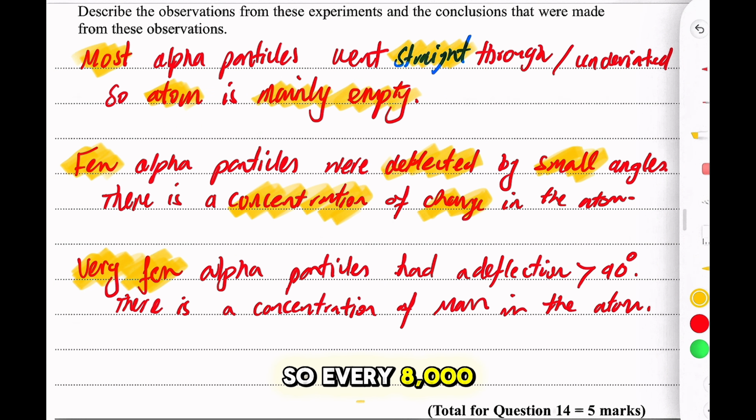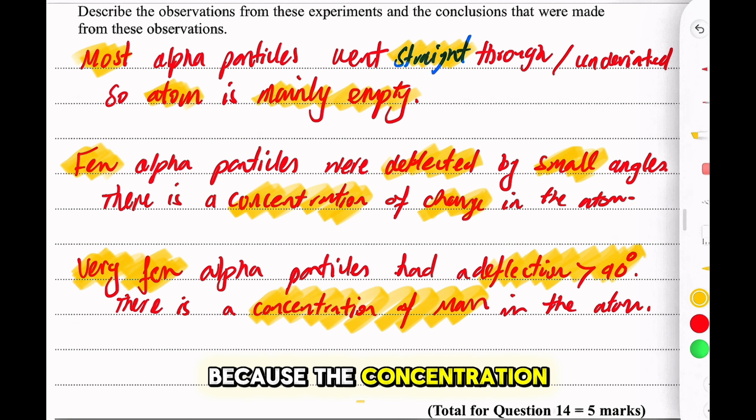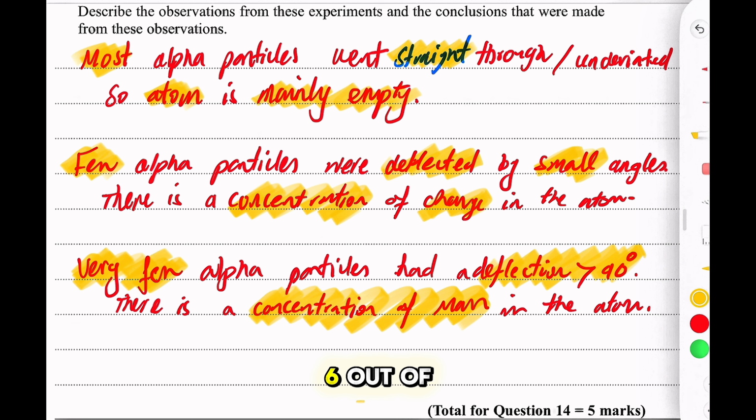So for every 8,000 we get about one deflected back, or coming straight back with an angle more than 90 degrees, because of the concentration of the mass in the atom.